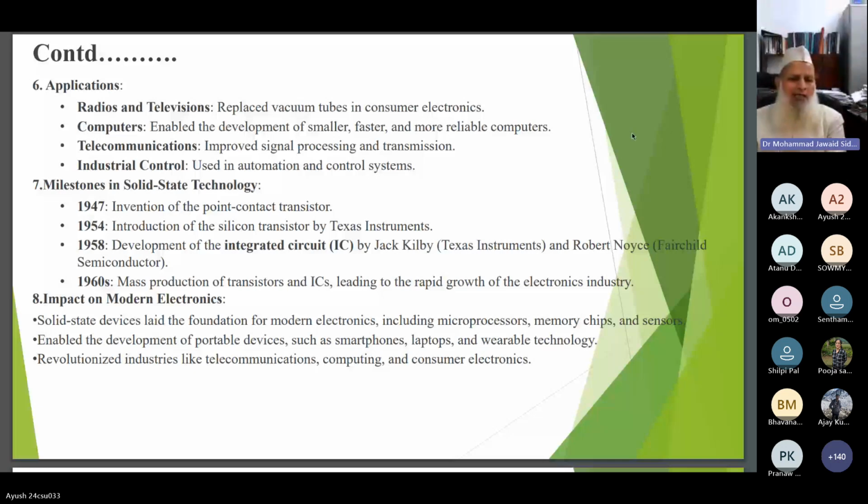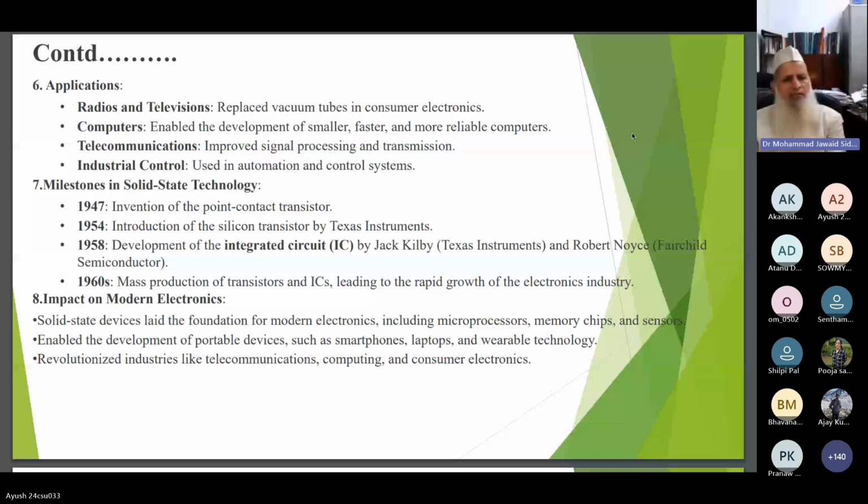Almost in all walks of life, solid state devices became very popular: in radios, television, computers, telecommunication, industrial control. And these are the milestones in solid state technology. In 1947, the first transistor was invented. In 1954, the silicon transistor was introduced by Texas Instruments.